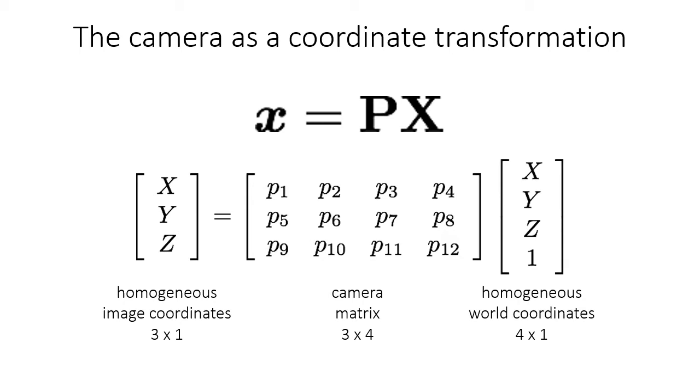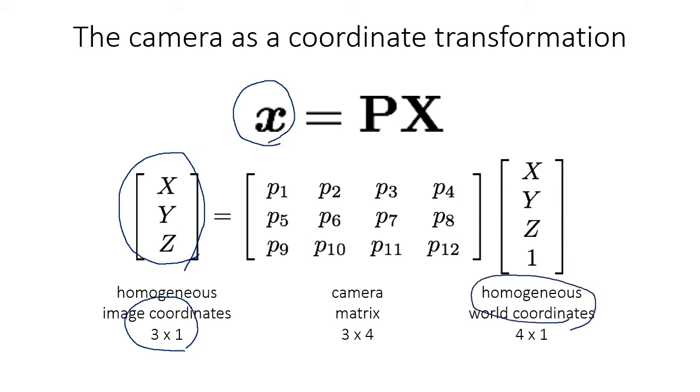For the image coordinate, usually we have two values, x and y, but in homogeneous coordinates, we write x, y, z. So the dimension is 3 by 1. And the world coordinate usually has three values, x, y, and z, but in homogeneous coordinates, it has 4 values.